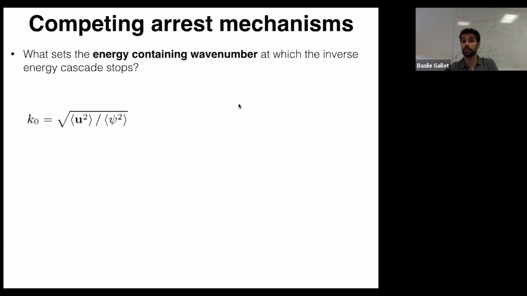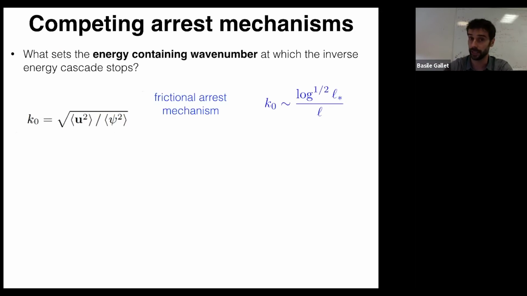Well, one simple idea is to ask that question: what is the energy containing wave number or the integral scale in that system at which the inverse energy cascade is going to stop? Okay, so the barotropic flow, which is this vertically averaged flow, is obeying an inverse energy cascade, which leads to an energy containing wave number, which is well captured by the ratio of the root mean square velocity by the root mean square stream function.